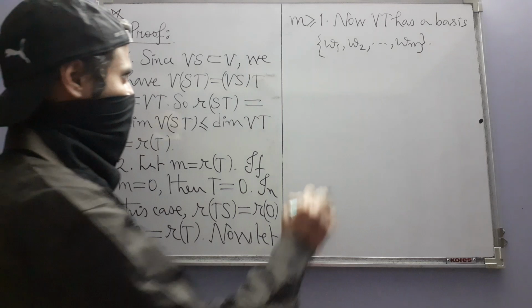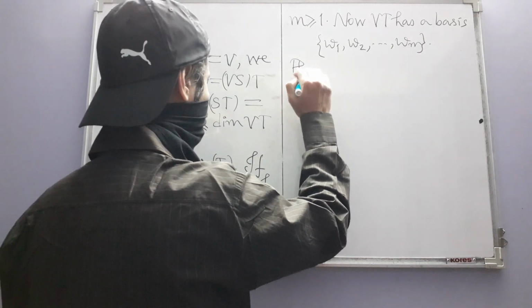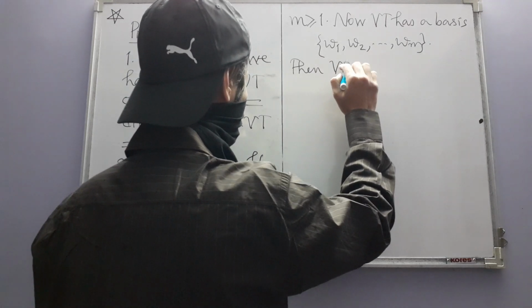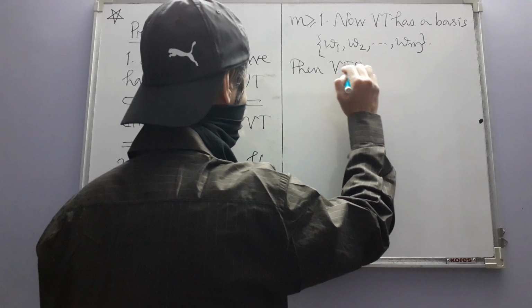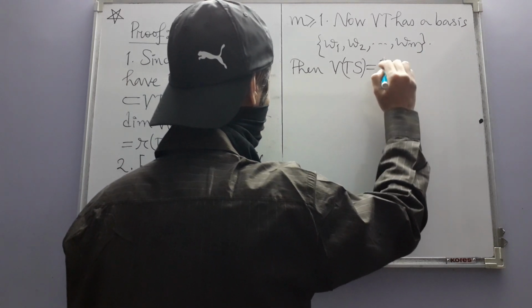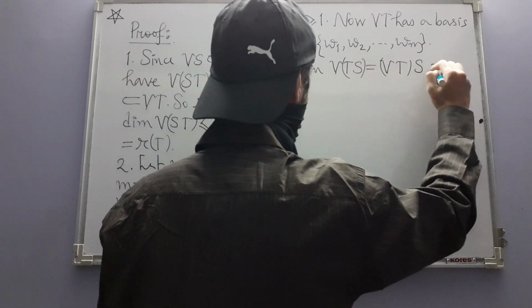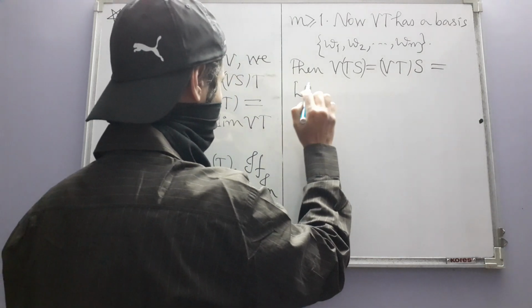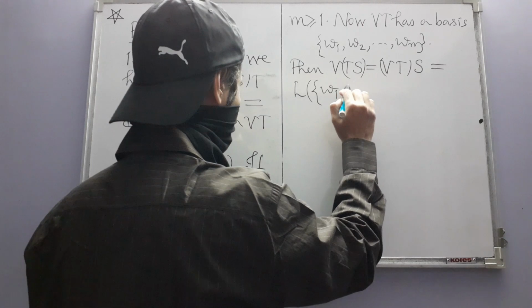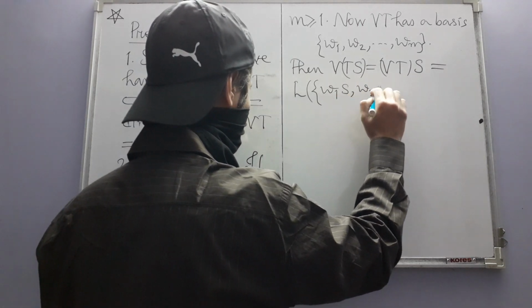Then Vts equal to Vt S is the linear span of these vectors.